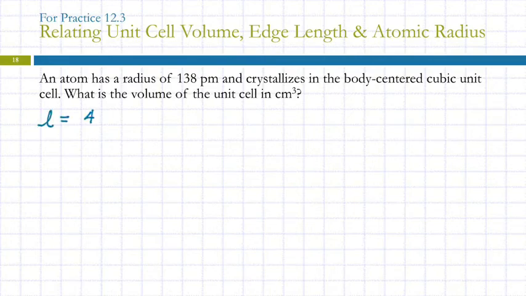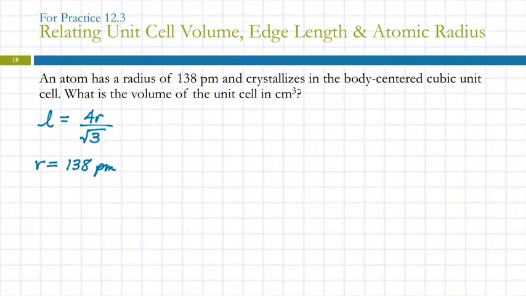So what's r? It's the radius. What's the value of it? 138 picometers, right? And we're supposed to find the volume in cubic centimeters.